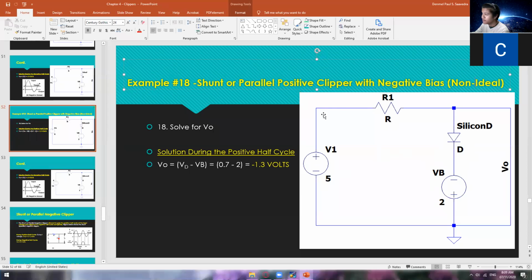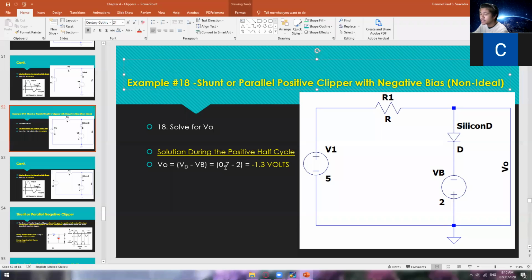Again, if it's forward biased, the only thing we're getting is the voltage drop of this parallel connection. The voltage drop of the silicon diode is 0.7, and the voltage of this bias voltage itself is -2. Just base it on the polarity: negative here and positive here, so negative to positive.